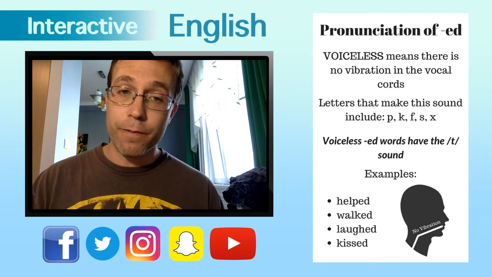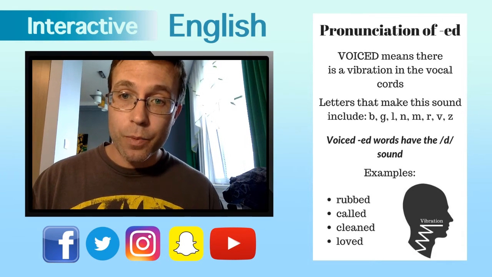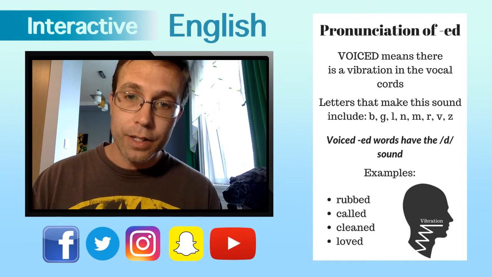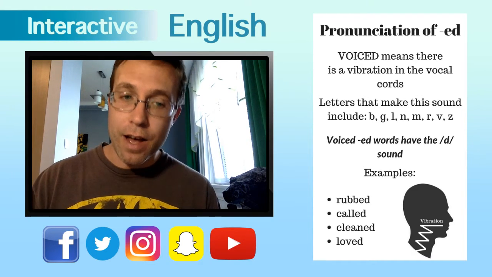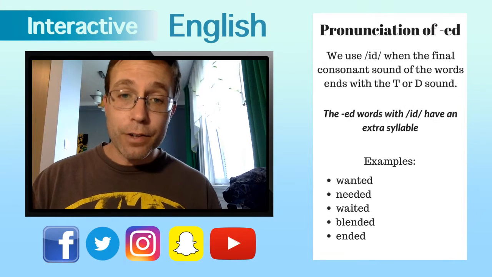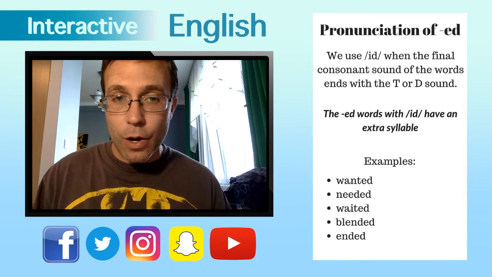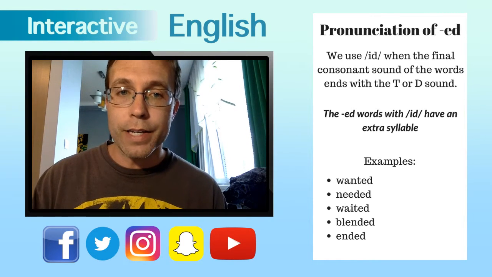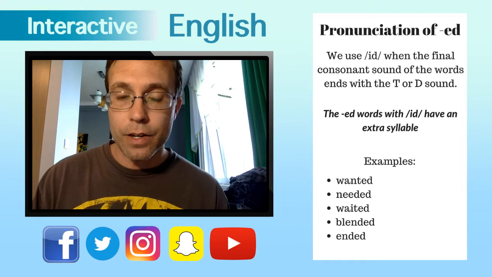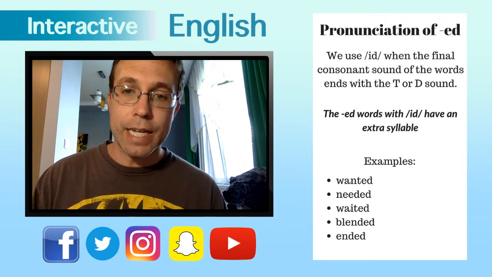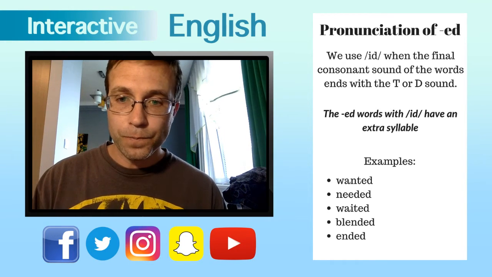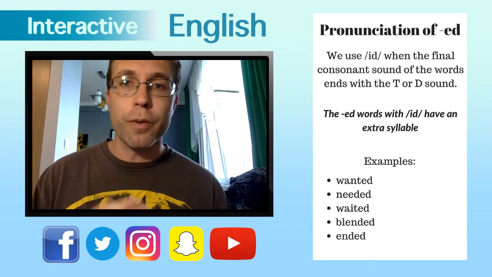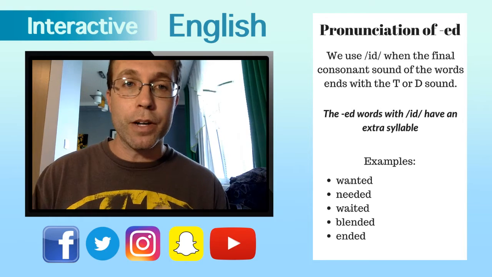If the final sound is voiced, the ED will have the D sound: rubbed, called, cleaned, loved. And if the final sound ends with either T or D, then it's going to have the id sound: wanted, needed, waited, blended, ended. Okay, so those are the rules for determining the ED pronunciation.